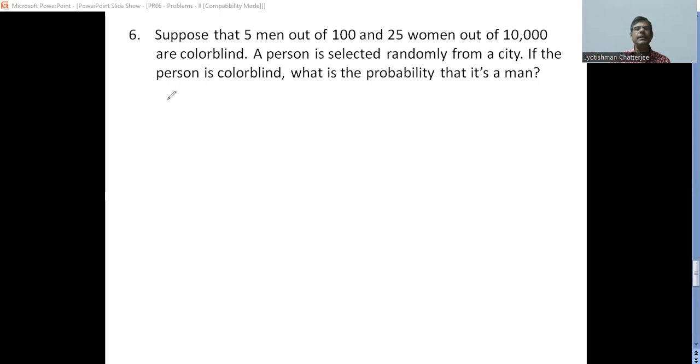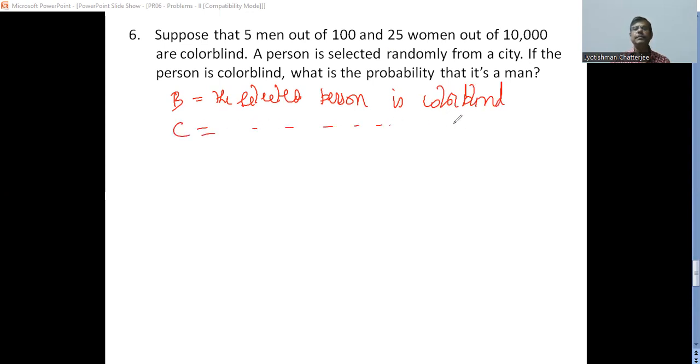So let's identify the events. B: the selected person is colorblind. Let's write M for the selected person being a man, and W for the selected person being a woman.